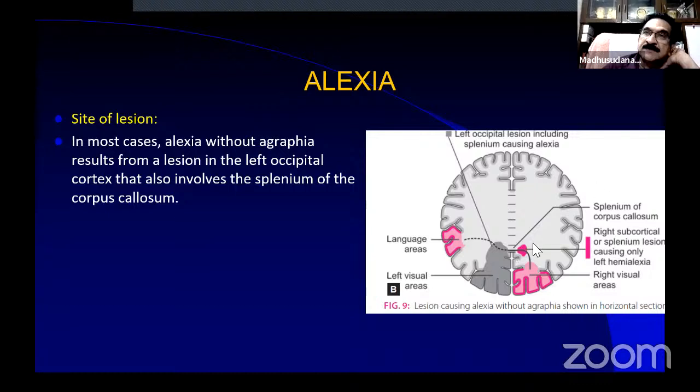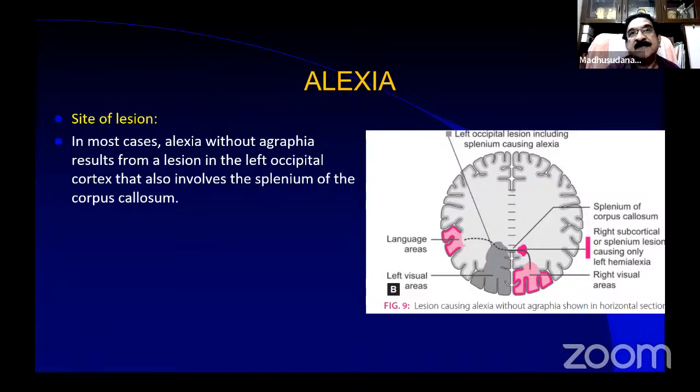That should go through the splenium of the corpus callosum. The splenium is also cut. What will happen? You will have homonymous hemianopia, with the letters coming in the other homonymous field. Again, he cannot read because the information is disconnected from the language area or visual word form area.